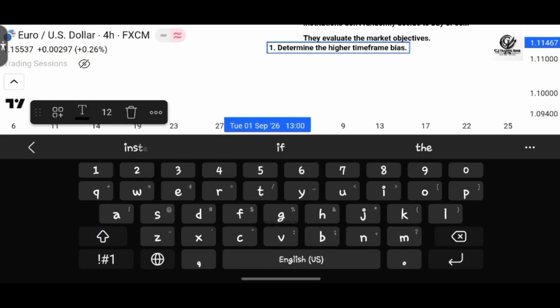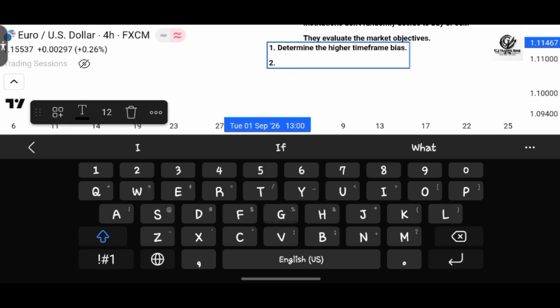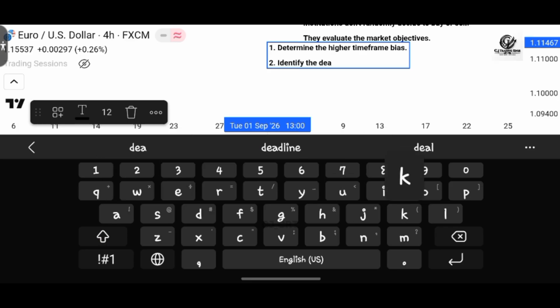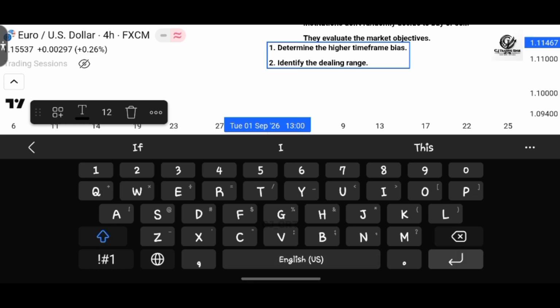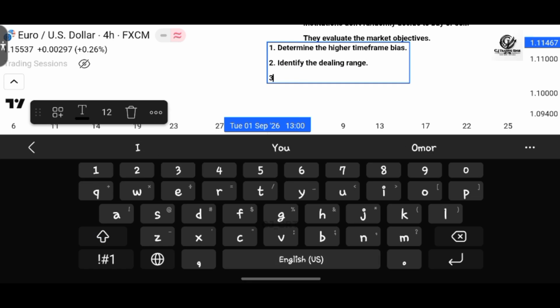Number two, identify the daily range. That's the number two. The third one, find the liquidity objective.